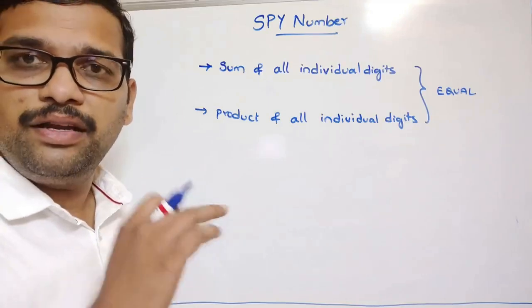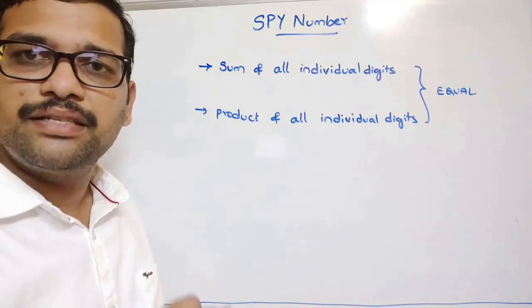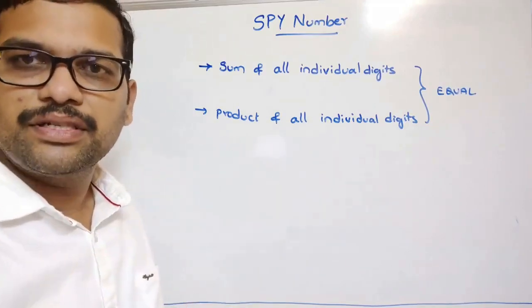So we need to find the individual digits, and then we have to find the sum of all individual digits as well as the product of all the individual digits, right?